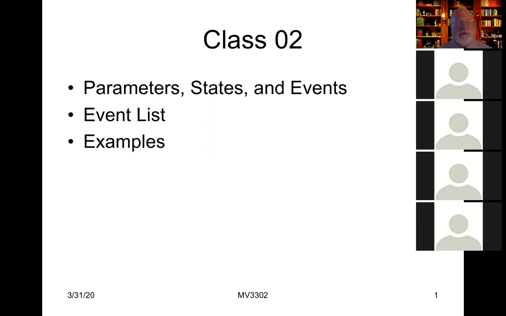Anyway, today we're continuing with talking about the structure of discrete event simulation models. And today we're going to give some examples and actually work through how that works on a very simple little model. To recap a little bit, discrete event simulation models involve parameters, state variables, and events. It is driven by something called the event list, which is involved with a number of activities.